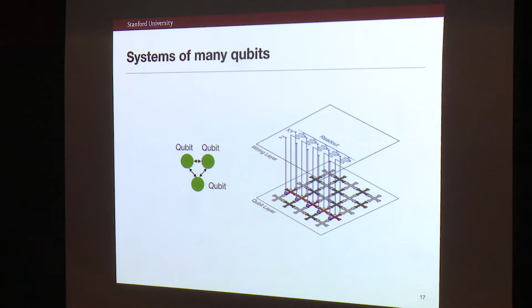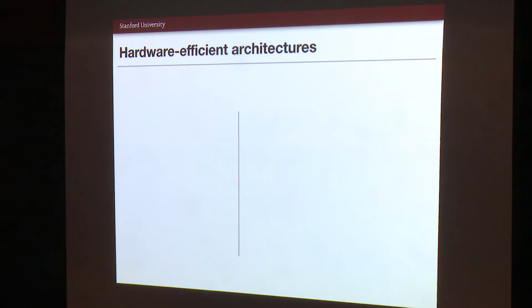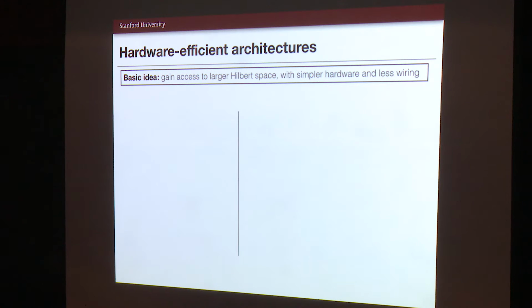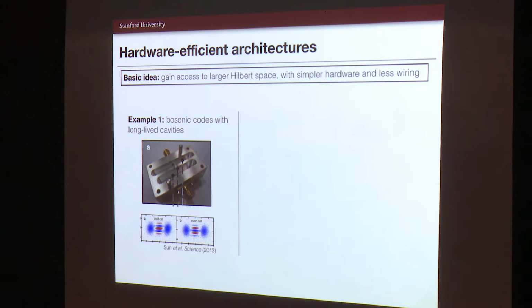Okay, so an alternate approach is these hardware-efficient architectures, and an example of that is the really beautiful work coming from Yale, from Rob Schoelkopf, Michel Devoret, and Steve Girvin's groups, where you use the qubit essentially to process the state of a harmonic oscillator. And then you have a larger space to deal with.